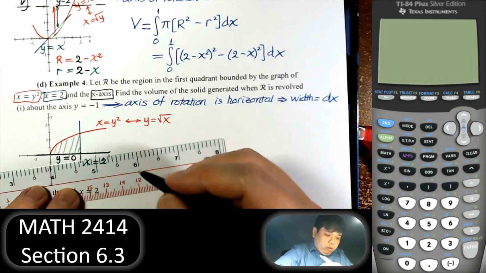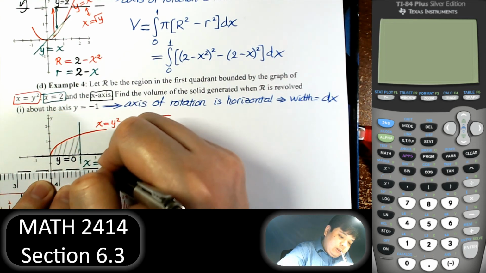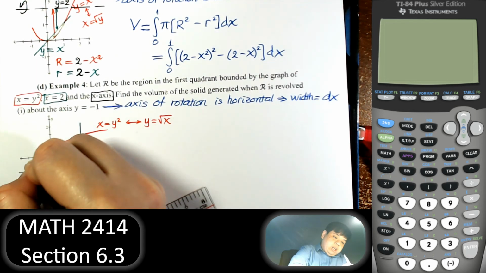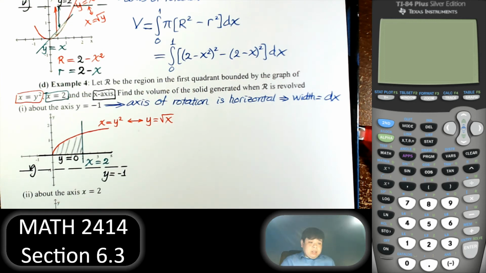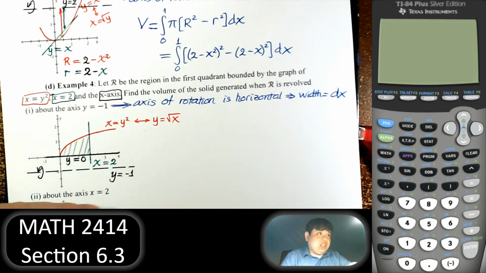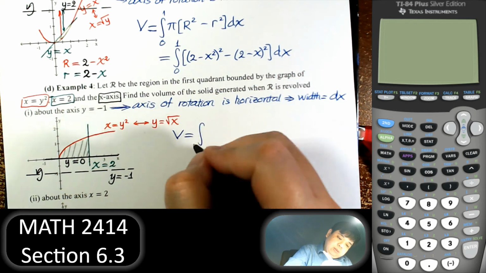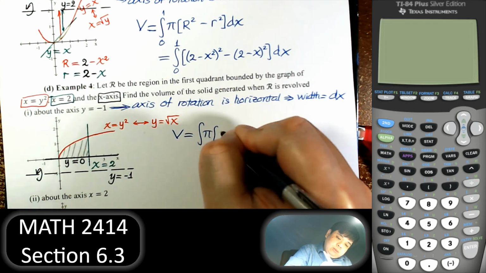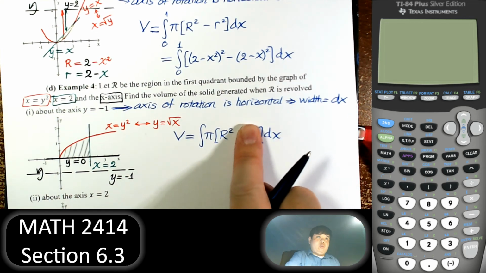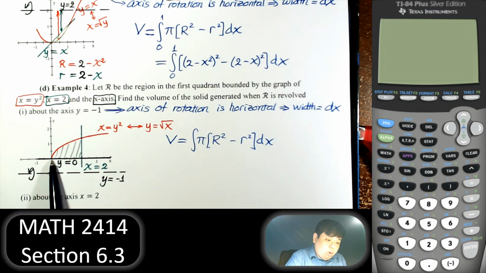The axis of rotation is y equal to -1, so we rotate about this axis. There's a space between the region and the axis of rotation, so that is the washer method. If it were the disk method, we'd just have big R squared. Right, for x, in this region, it's easy to see that it goes from 0 to 2.